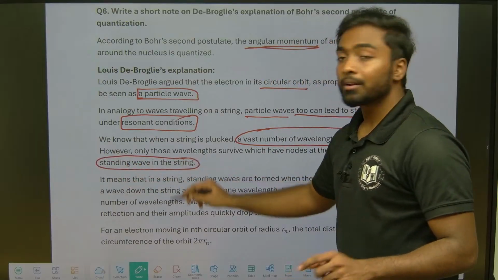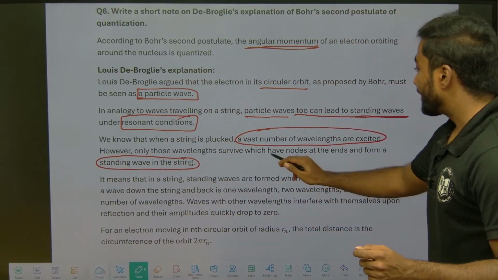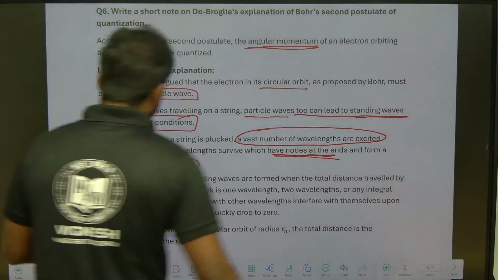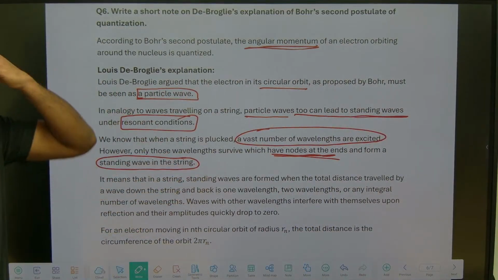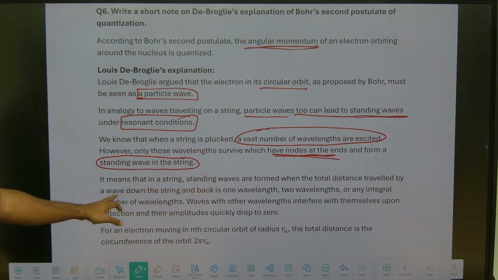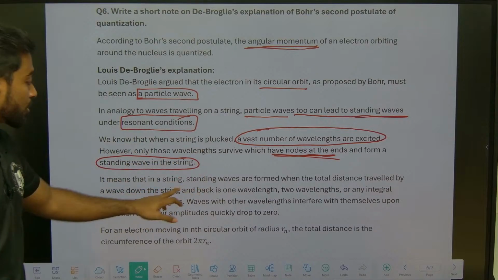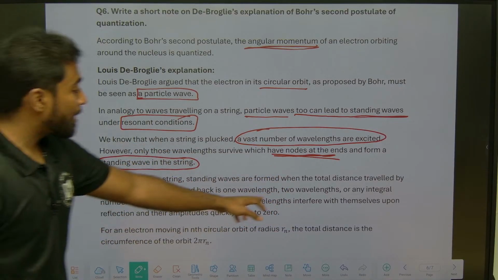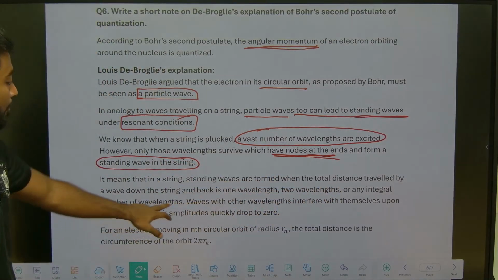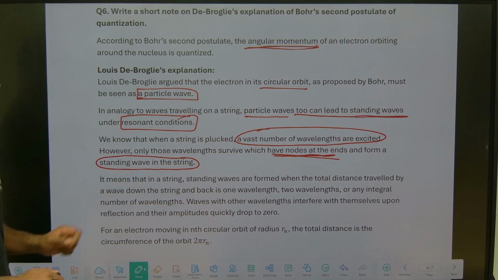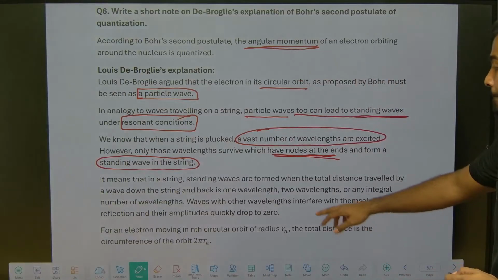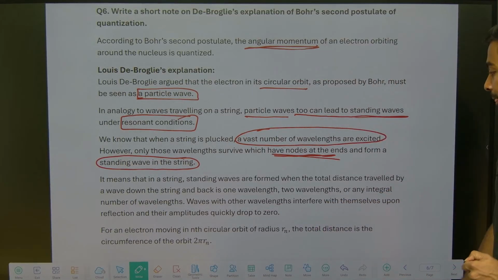So in a string, standing waves are formed when the total distance traveled by the wave down the string and back is an integral number of wavelengths. Waves with other wavelengths interfere with themselves upon reflection, and their amplitude quickly drops to 0.